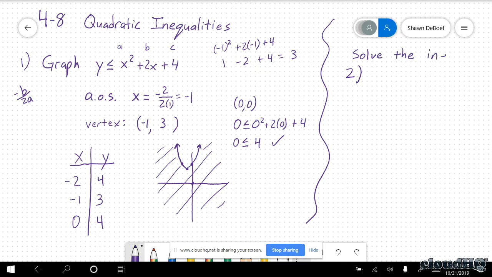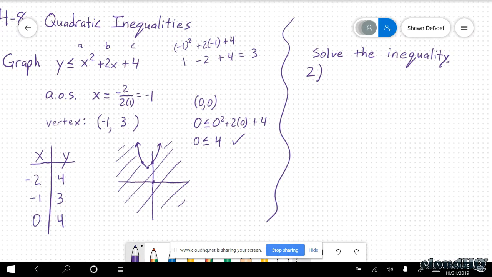Not graph an inequality, but solve an inequality. And there are a couple of ways to do that. But let me give you one of them we're going to solve. 0 is greater than x squared plus 5x minus 6.